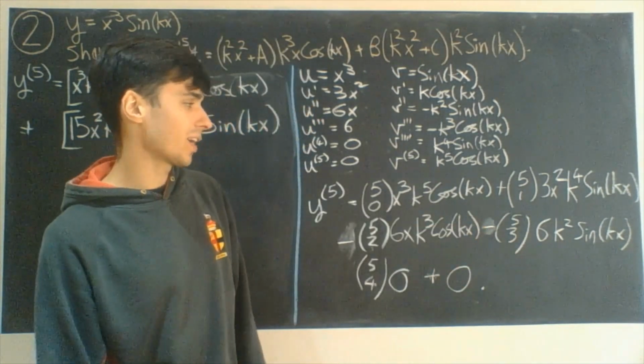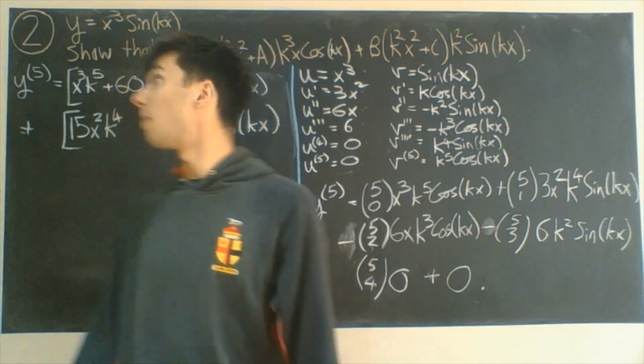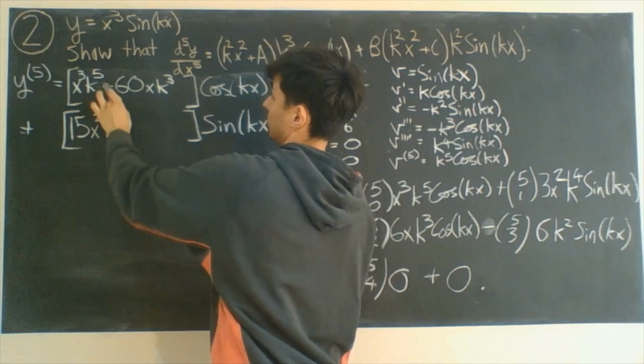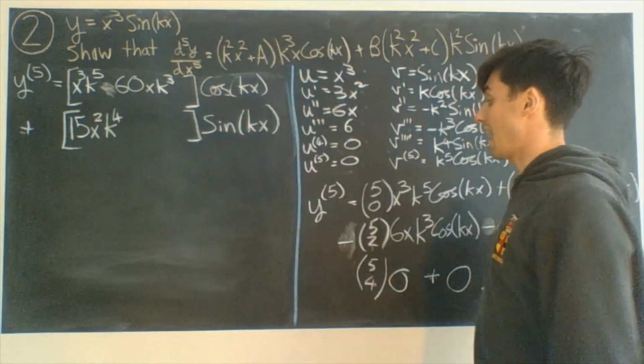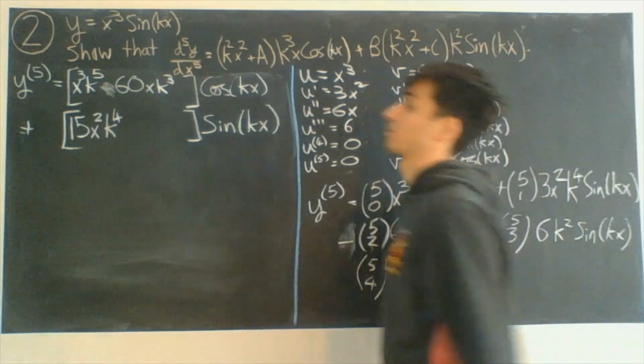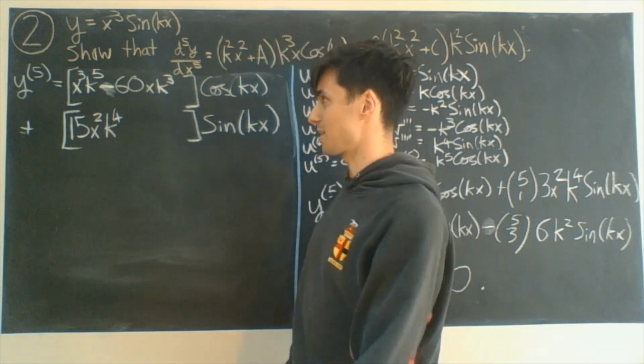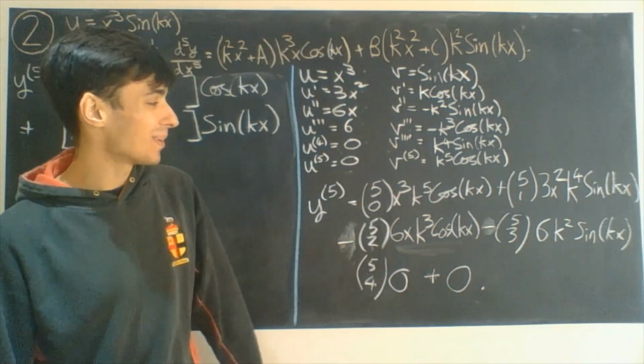In our other sine term, we've got minus, and by the way, this should have been a minus earlier as well. For our 60x k cubed, this should be a minus here for the cos kx. Those are the kind of mistakes that are going to catch me out. Then we look at our other sine term.